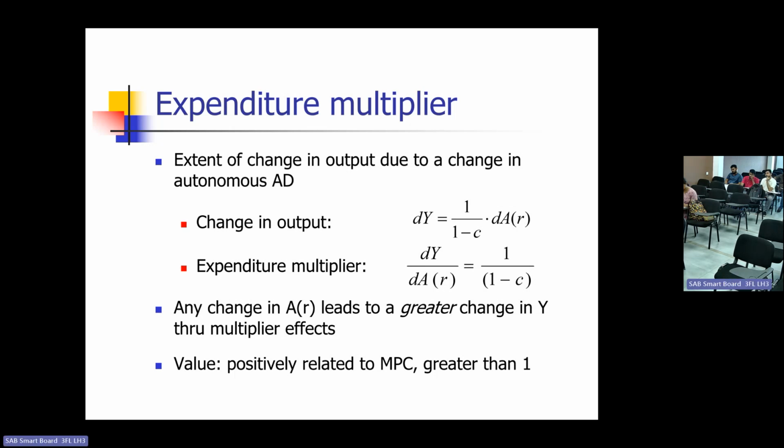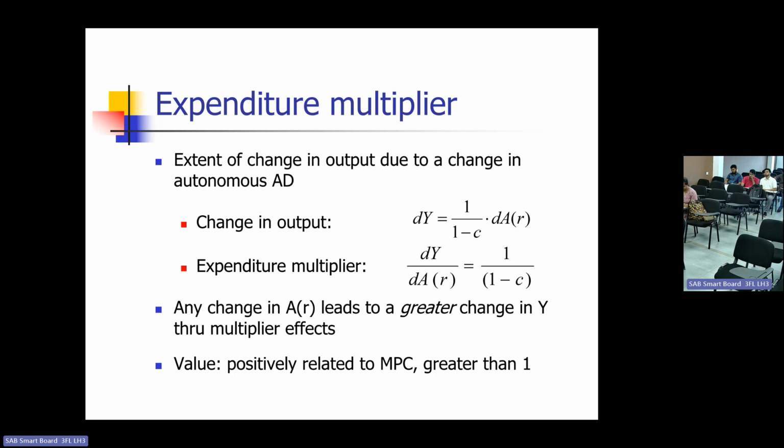That means there is a positive relationship between the MPC and the autonomous expenditure multiplier. The same thing holds for the investment multiplier as well. So earlier we took MPC as 0.8.